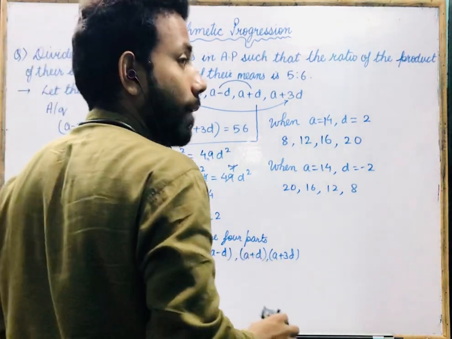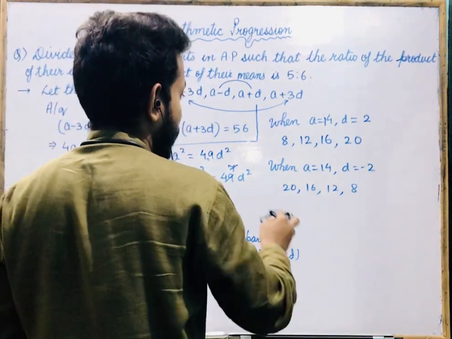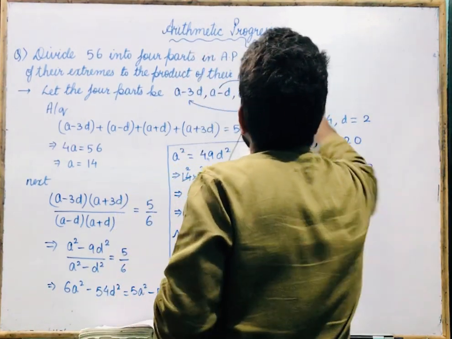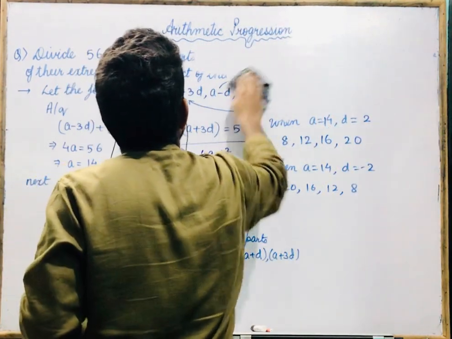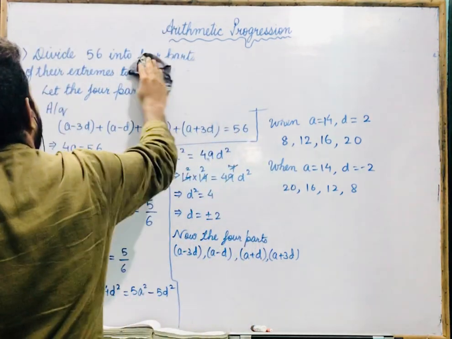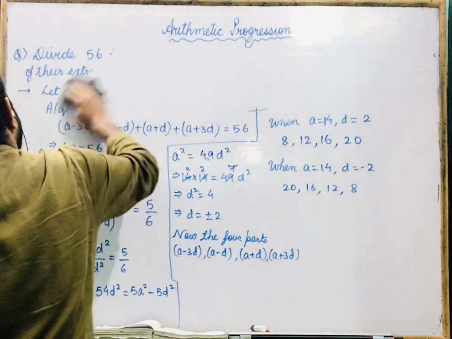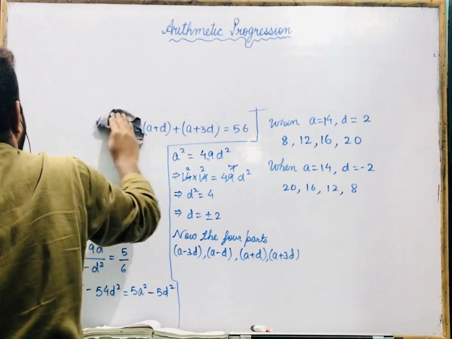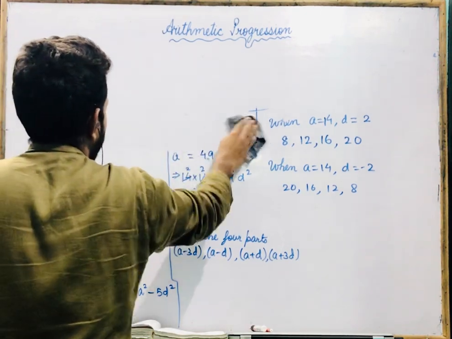Now the question that I am going to tell you is the exception. Come on, tell me, how many angles are there in a quadrilateral? 4. So if I say the angles of a quadrilateral are in AP, how will you take it?